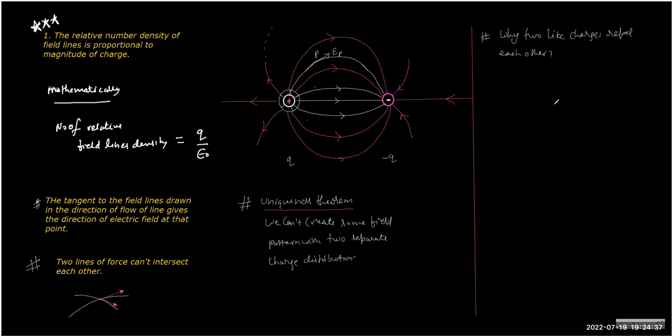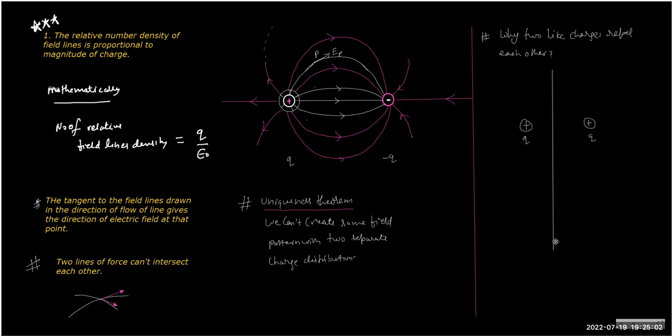The answer is simple. Every charge, if it is like, will try to create the field lines in the radial direction. Just for the time being, assume both are equal in strength.